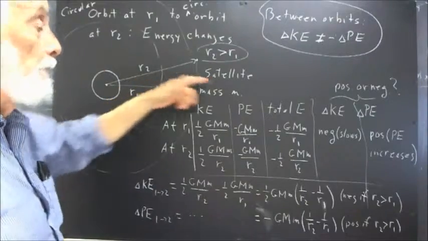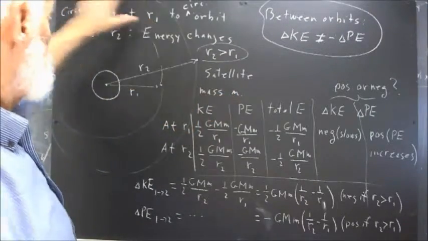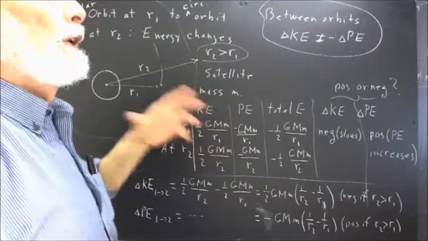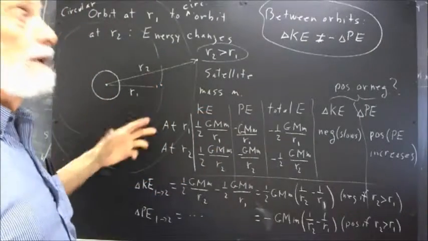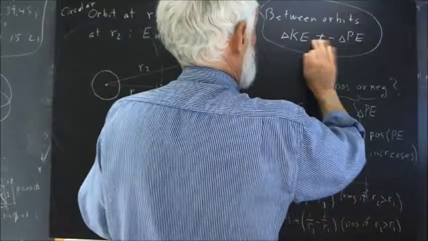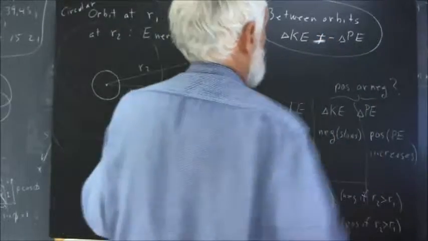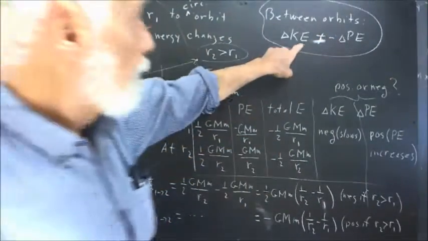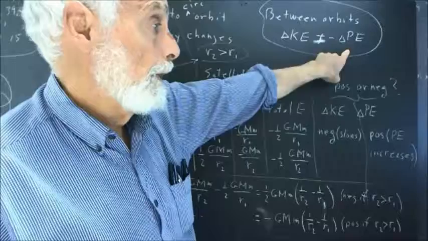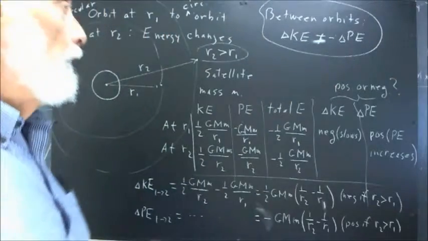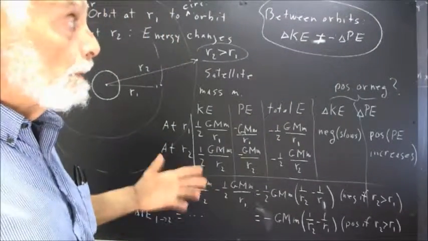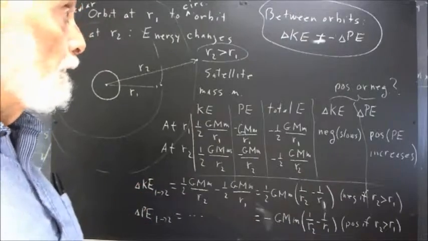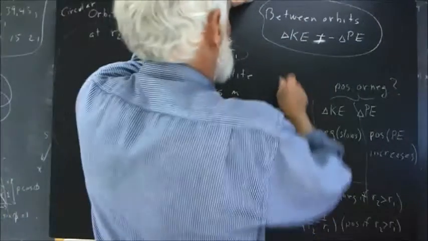It is true you're increasing potential energy and you're decreasing kinetic energy, but those changes are not equal in magnitude. The change in kinetic energy is not equal to the negative change in potential energy, as it might seem if you carelessly apply the conservation of energy. Okay?